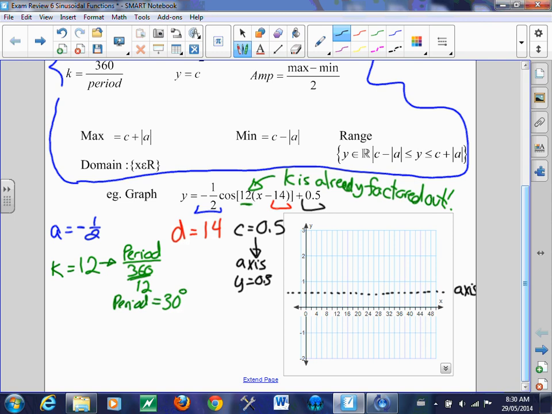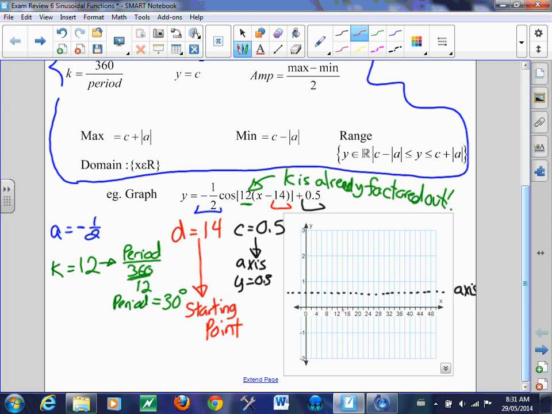What other pieces of information do I know? I know that D is my starting point. So from there, I'm going to draw my graph, and then I'm going to go 30 more degrees from it. So if I'm starting at 14 degrees, that's going to be the start of my box.